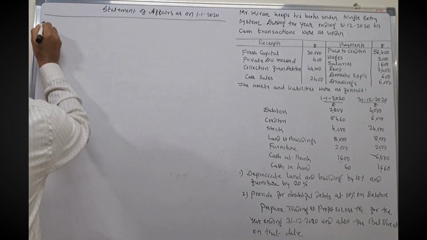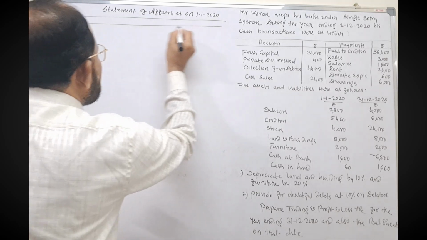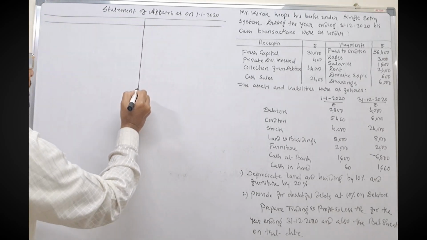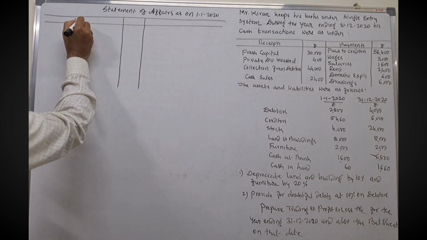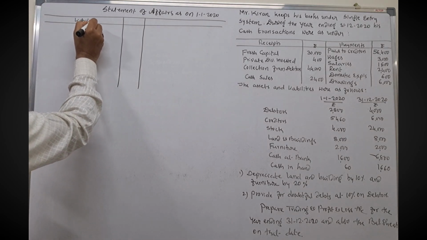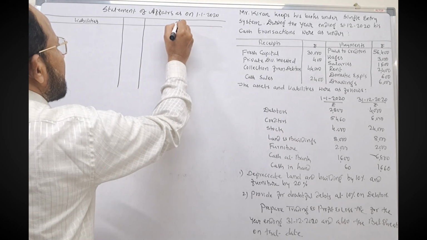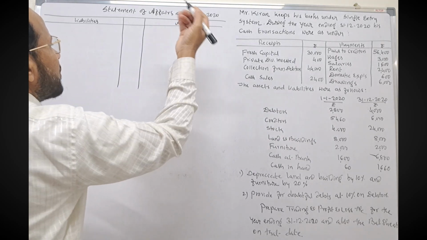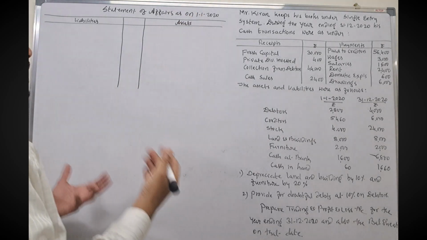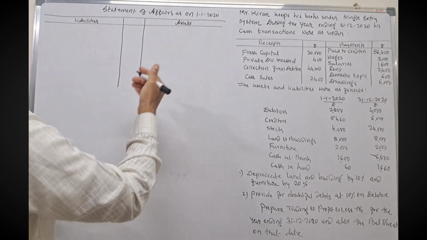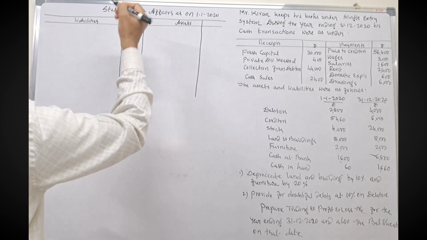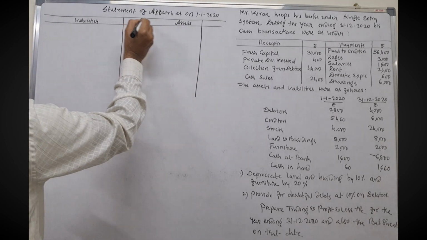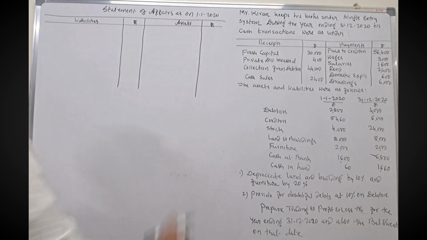Here liabilities are shown on the left hand side and assets are shown on the asset side. In my previous videos, I explained the meaning of a statement of affairs and also the difference between statement of affairs and the balance sheet. Just go through such videos. Amount in rupees.